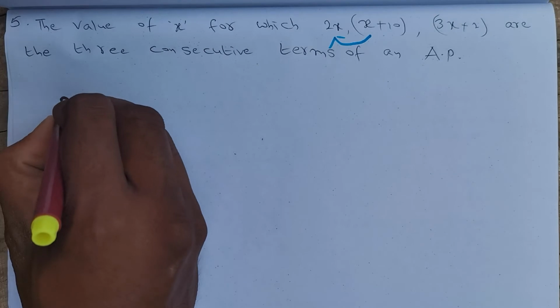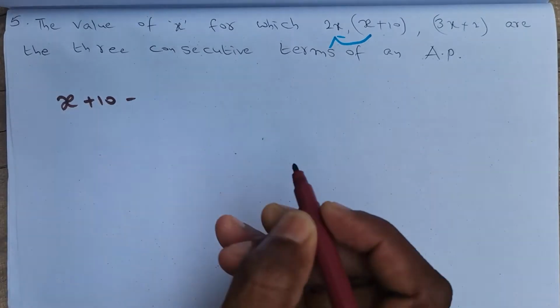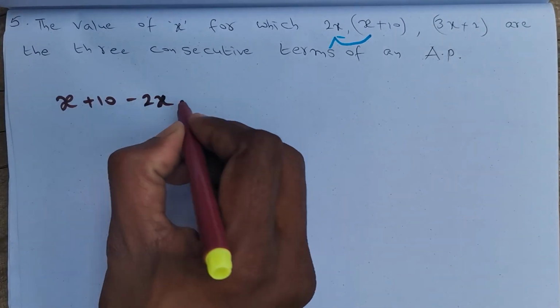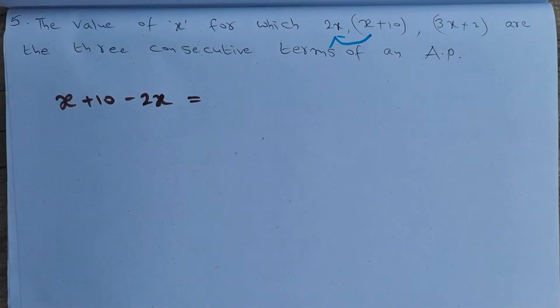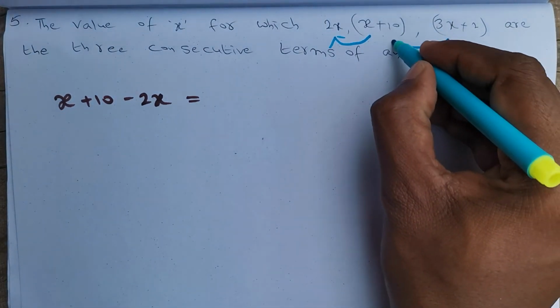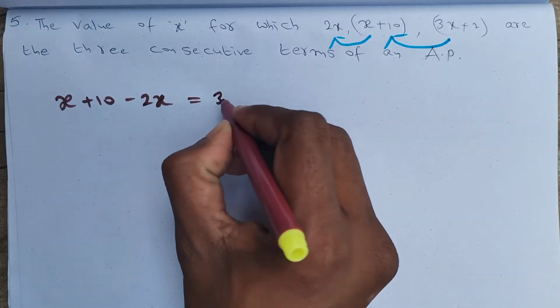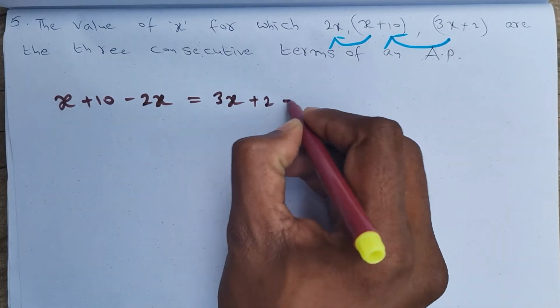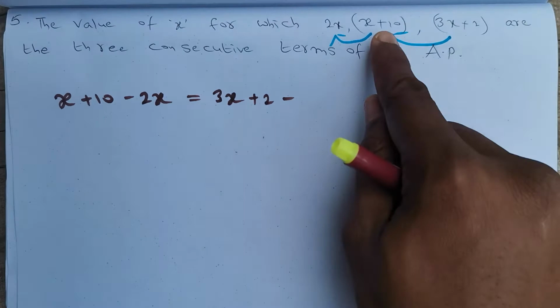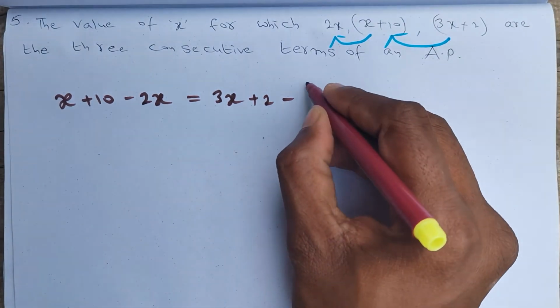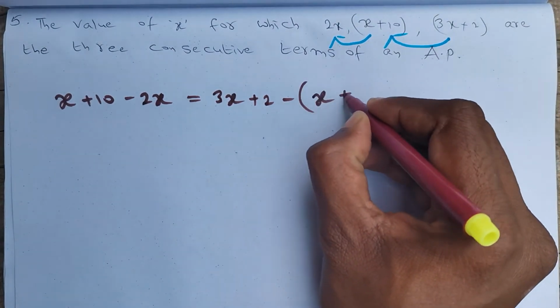Second term is x plus 10 minus first term 2x, that should be equal to third term minus second term. Third term 3x plus 2 minus second term. The second term has two terms, so that's a bracket, x plus 10.